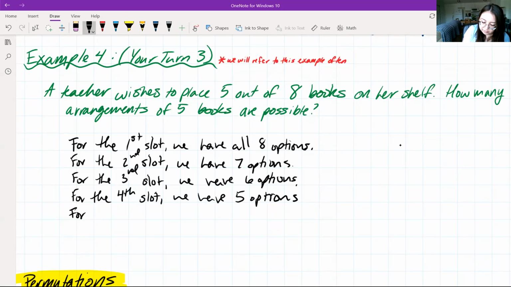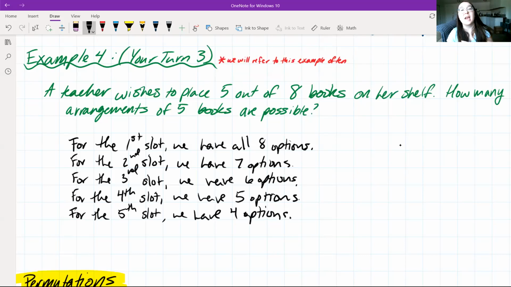And then lastly, for the fifth slot, we have 4 less options out of 8, which means that we have 4 options left. And we just stop here. We had 5 slots that we could have filled with 8 total books. We have our 5 slots, we have the number of options we have for filling each of these slots, and we just stop there. So now we can find this value.